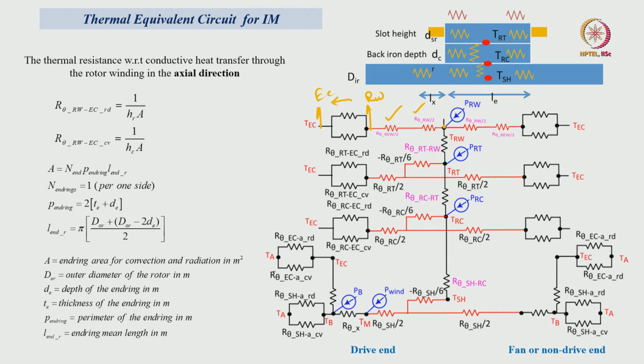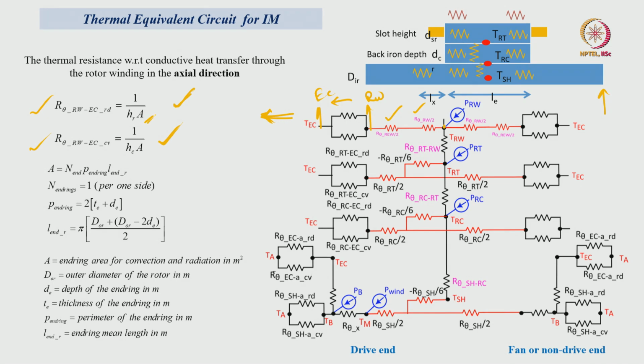So, by convection and radiation, there is no conduction thing. In the air we have assumed that through radiation as well as convection it is happening in the axial direction. In the radial direction we have considered conduction, in the axial direction we are considering convection as well as radiation.